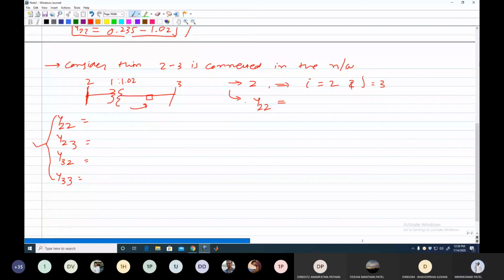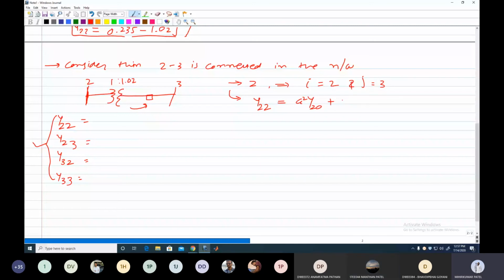The equation for Y22 is a square into Y20 plus Y21, no, Y23.